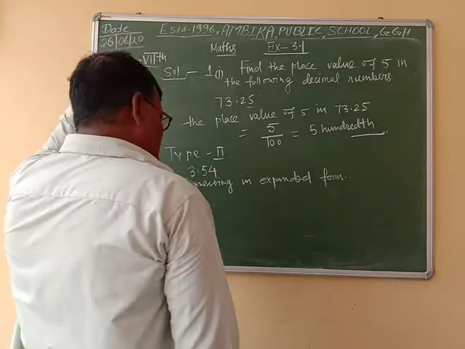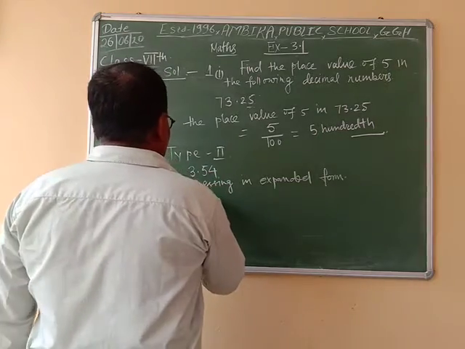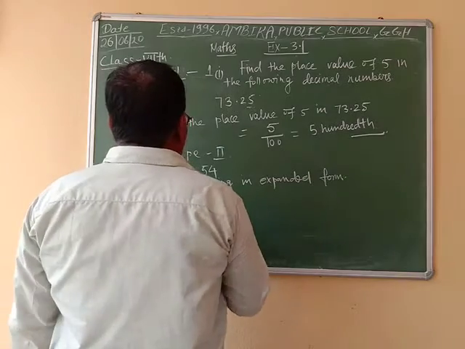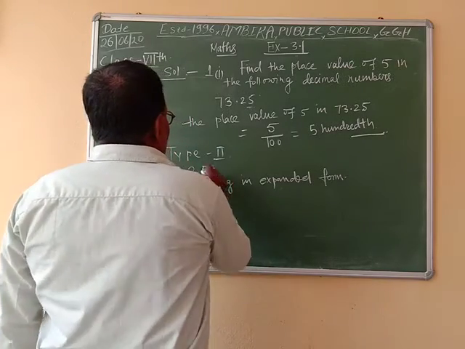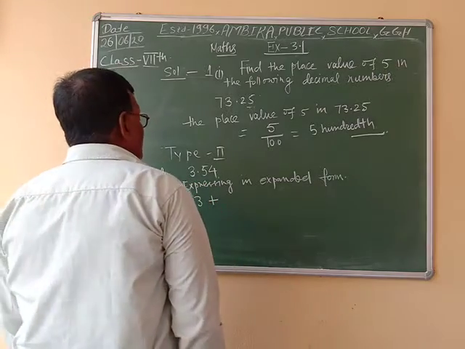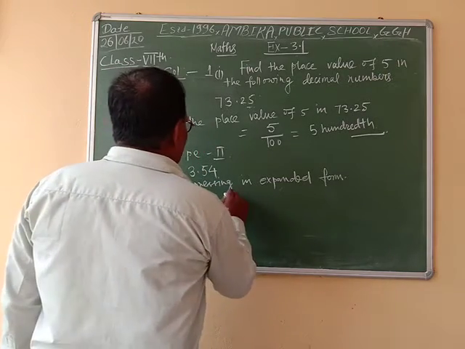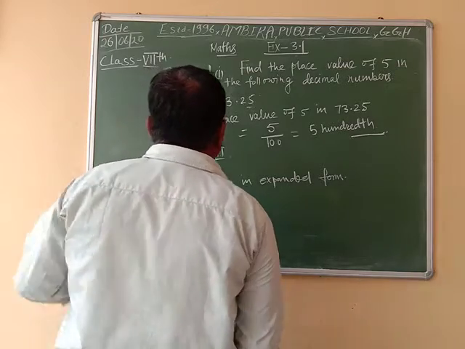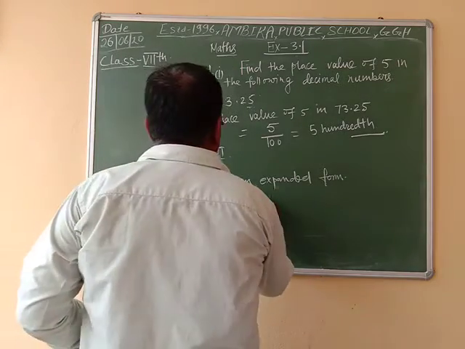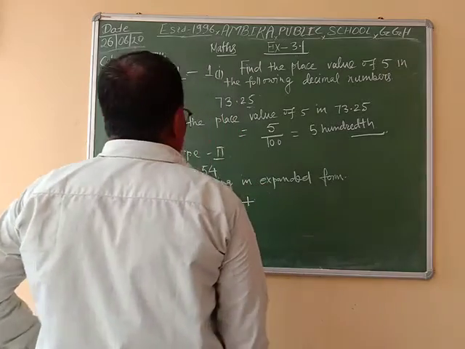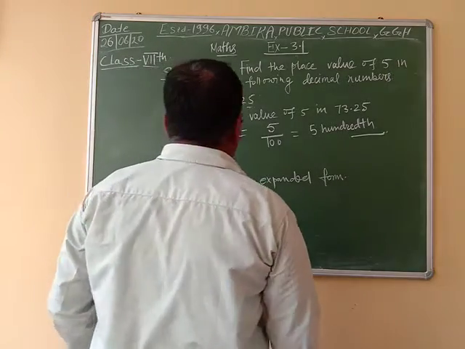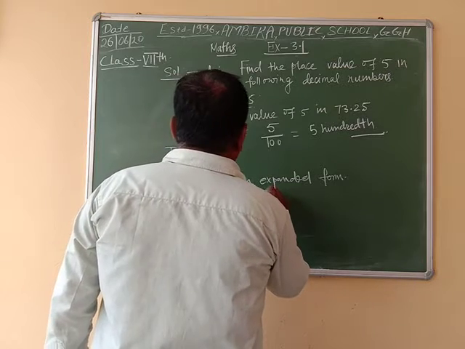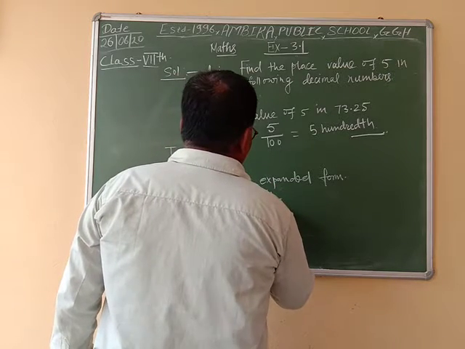Expressing in expanded form, we can write 3 plus 5, which is at the tenth position, equal to 5 by 10, plus 4, which is at the hundredth position, so we write 4 by 100.